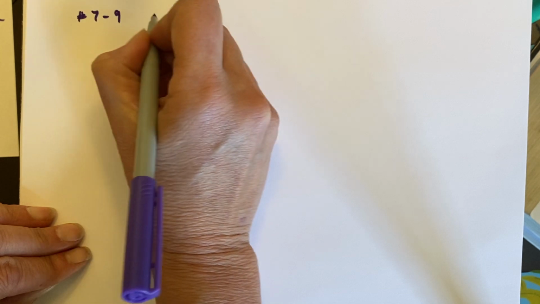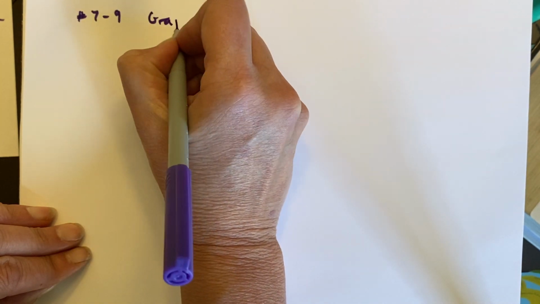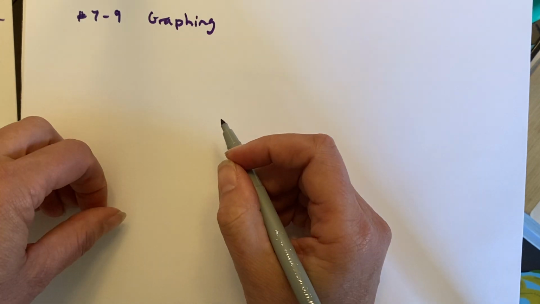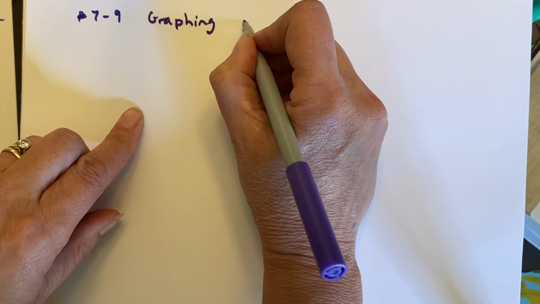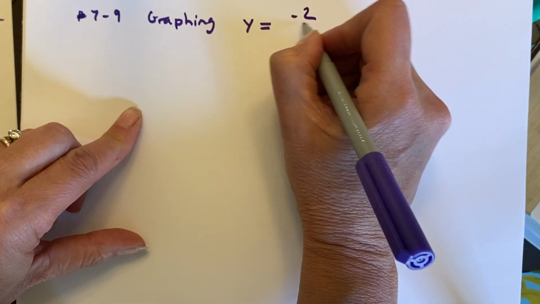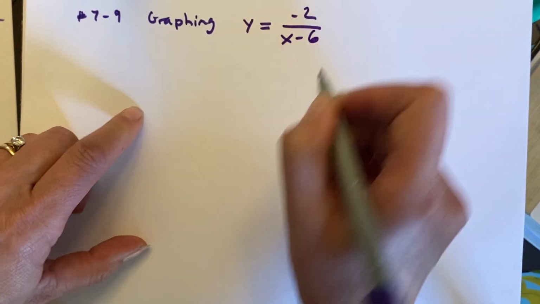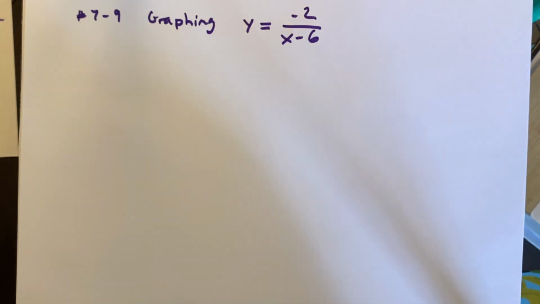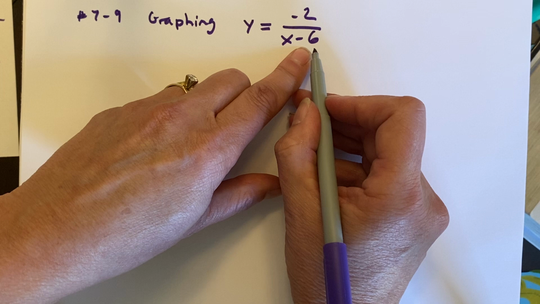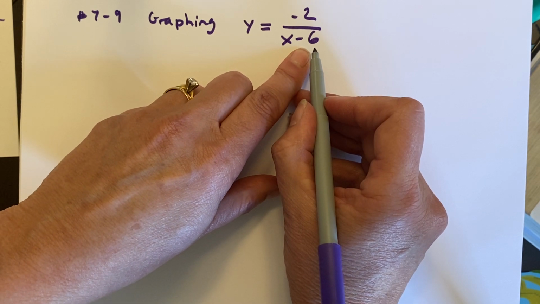Numbers 7 through 9 are graphing. And you've graphed like this before, and I'll take one graph, for example, y equals -2 over x minus 6. So if I'm graphing this, I can see right away that it's going to be shifted 6 units to the right.